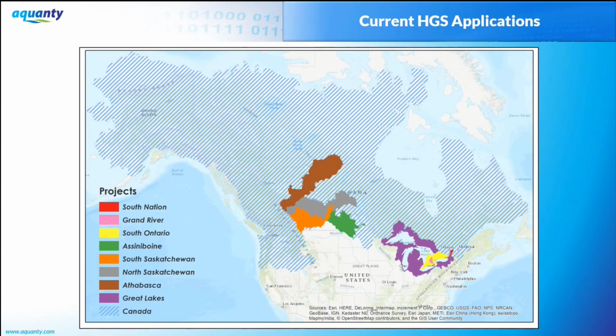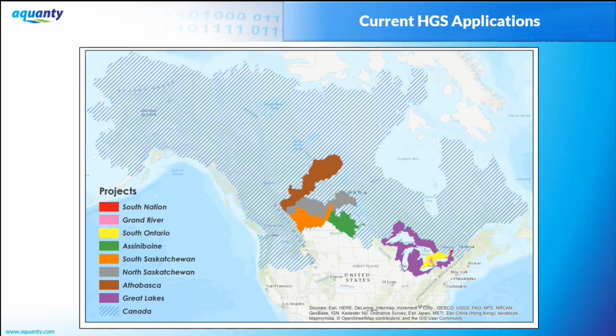At Aquanty, most of our applications to date have been Canadian applications. This just shows some of the basins and watersheds that we have worked on or are currently working on. There's Southern Ontario, the Great Lakes, which I'll talk about a little more.